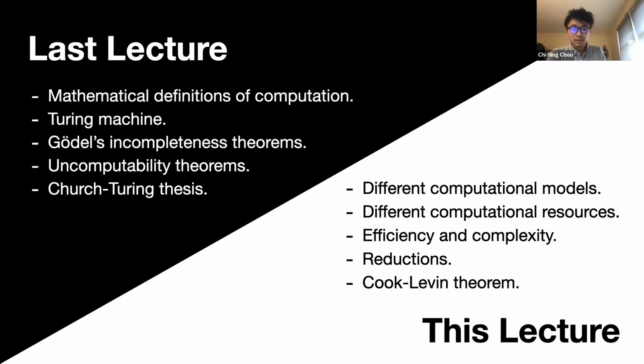So yesterday, during the first lecture in module 1, we talked about some mathematical formulation of computation. We have some vague intuition about computation, but what if we want to study it in a mathematical, formal, rigorous way?